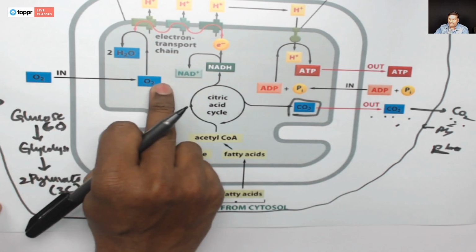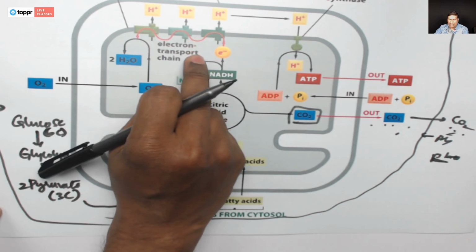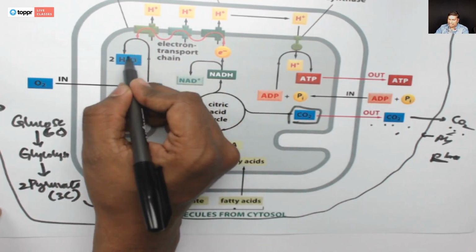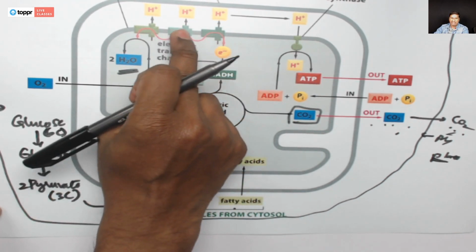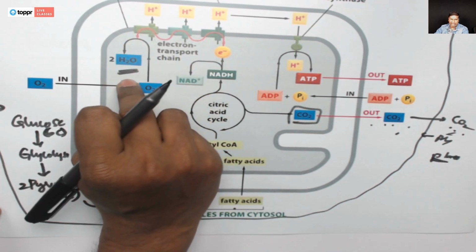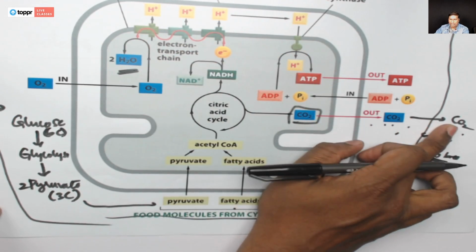The oxygen that we are breathing in is being used for the ultimate process, which is your electron transport chain, releasing the energy. This oxygen is being converted into water molecule. Because of the electron transport chain, we are getting your energy. And in the entire process, we see lots and lots of carbon dioxide.